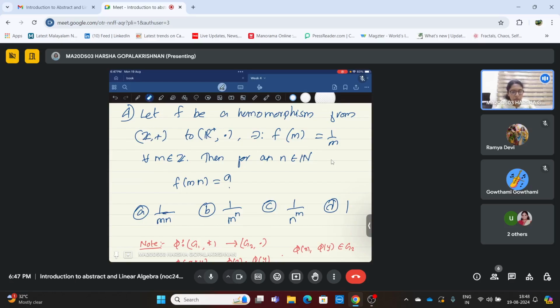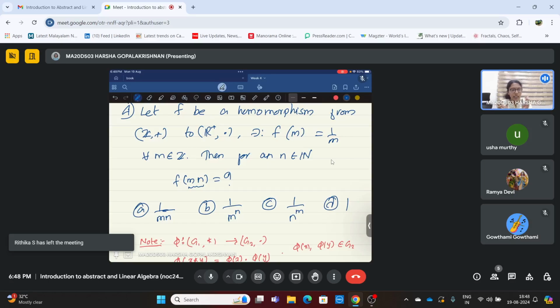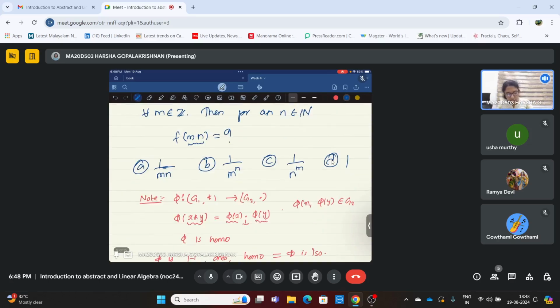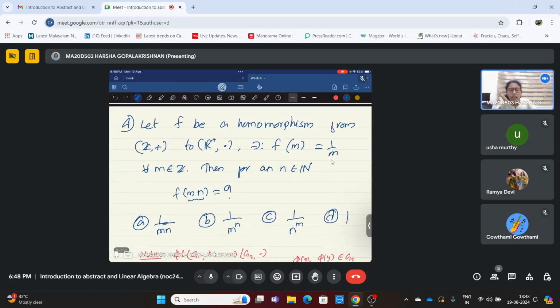What we need to do is write it in terms of the addition, the plus operation, because the first group is Z plus, and then we should separate that with this equation, and then we should obtain the answer. Can everyone just try: what is f of mn, where n is an element from the natural numbers?